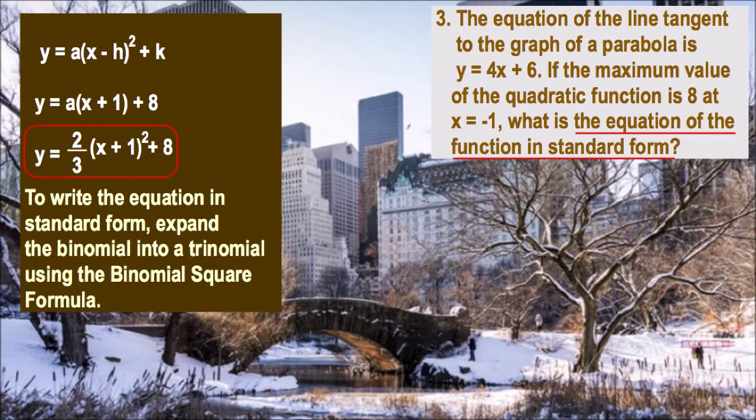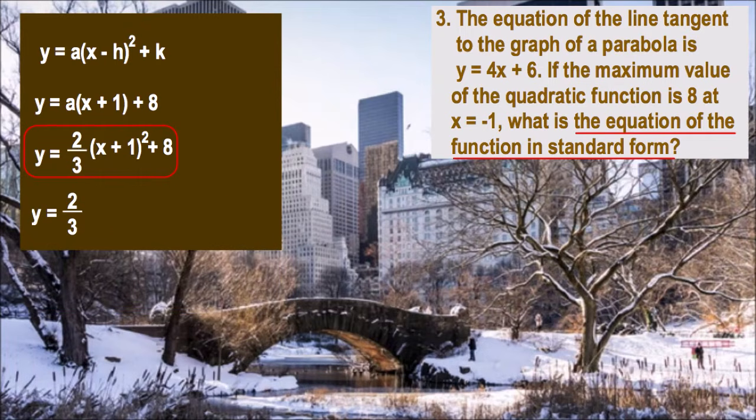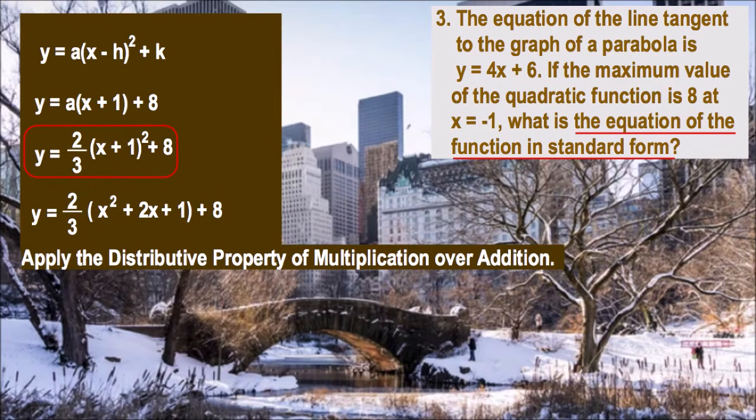To write this equation into standard form from our vertex form, let's expand the binomial into a trinomial using the binomial square formula. Y equals 2/3 times the quantity x squared plus 2x plus 1, everything plus 8. Apply the distributive property of multiplication over addition.